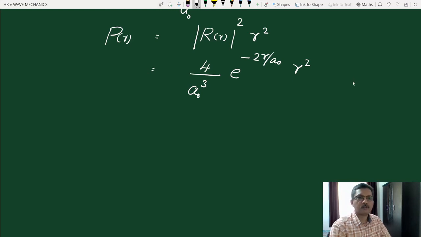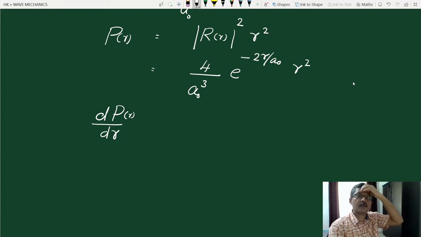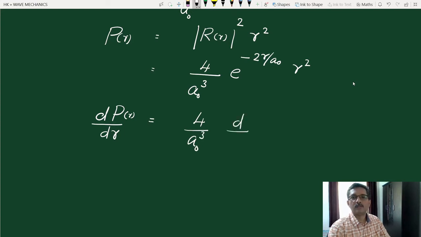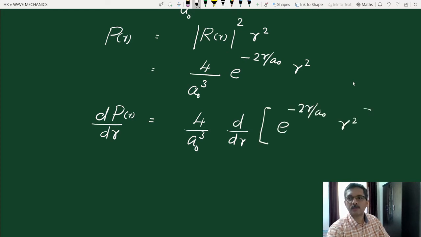So to get that, we evaluate the radial distance at which P of r becomes maximum, by finding the derivative of P of r with respect to r and equating it to 0. Because when P of r becomes maximum, its first derivative will be 0. So finding this first derivative, we take the constant term 4 by a0 cube outside. We have to find the derivative of e raised to minus 2r by a0 times r square.